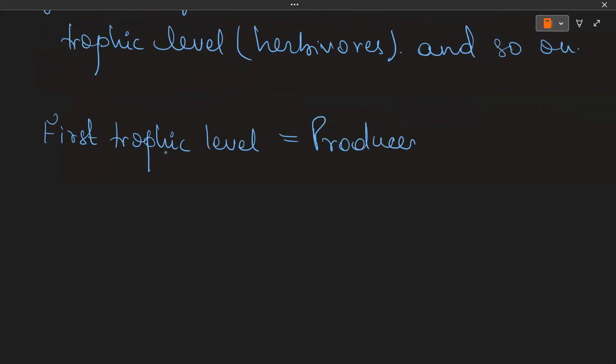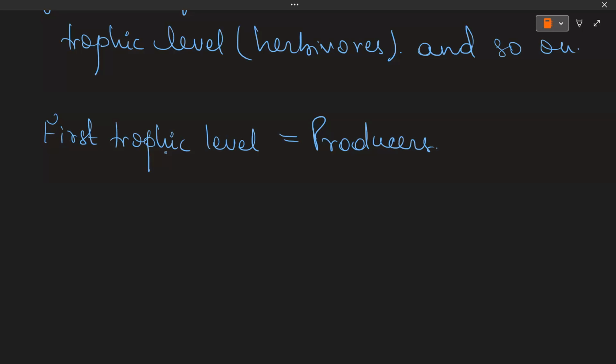Another thing to remember is that as soon as you keep on increasing the trophic level, the number of organisms will start getting decreased. For example, just imagine there are so many producers in the world, right? So many trees, so many plants, and so many BGAs, blue-green algae. But if you compare the number of producers to the number of carnivores, which one will be more and which one will be less?